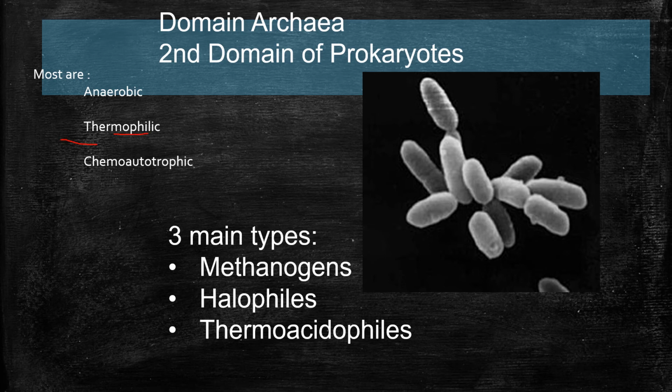And most of them are chemoautotrophic. And there are three different types of archaea. A lot of times they're referred to as archaea bacteria. So if I say that, that's why. But there are three main types. There are methanogens, halophiles, and thermoacidophiles. So let's talk about those.